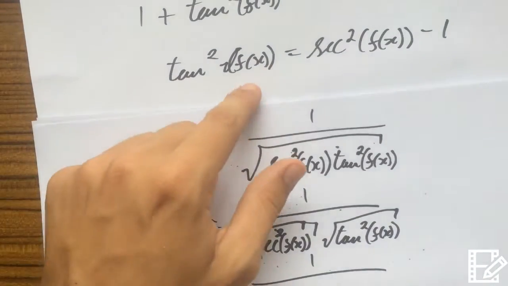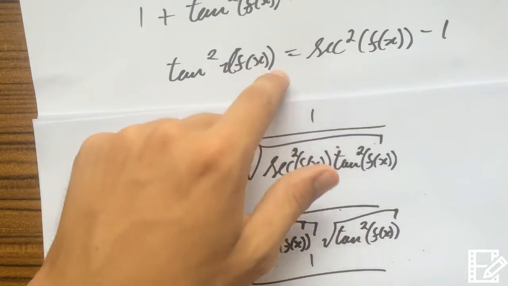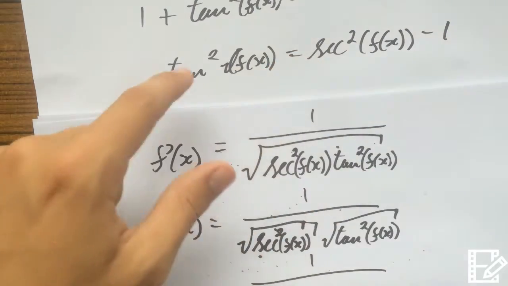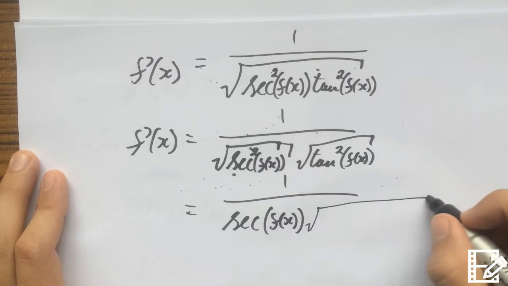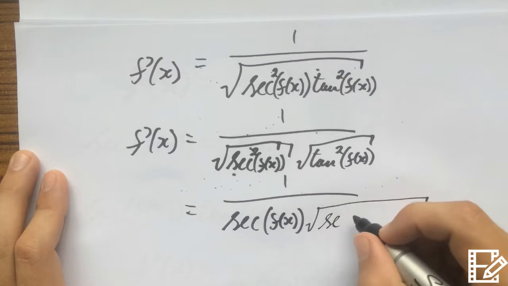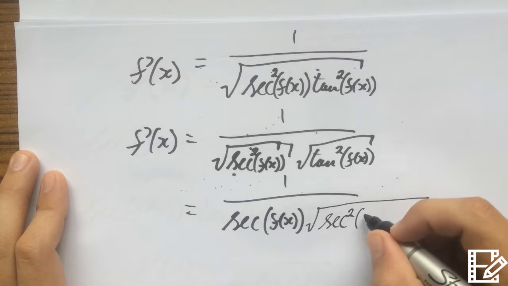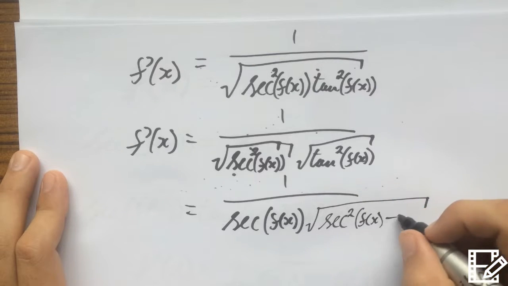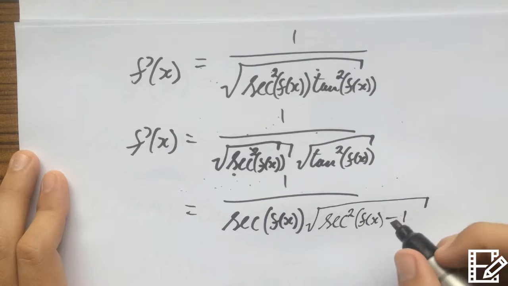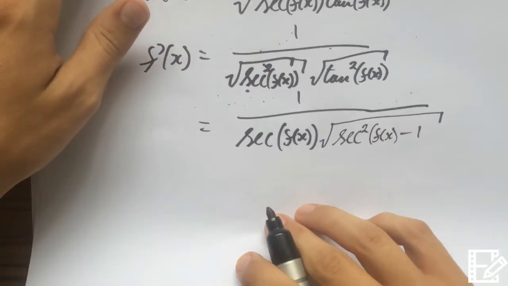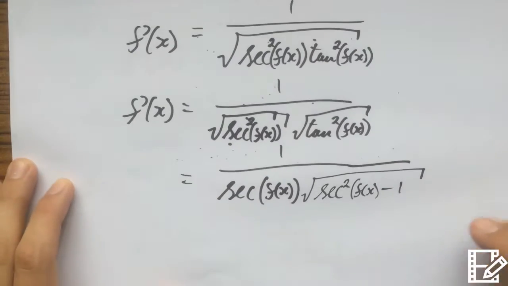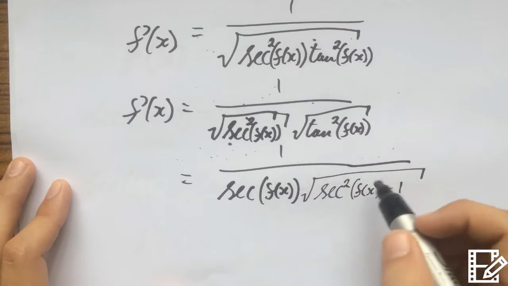So if we use this, sec squared f(x) minus 1 equals tan squared f(x), that's what we're going to sub in. So we're going to end up with the square root of sec squared f(x) minus 1. All I did was sub in tan squared f(x) for this.